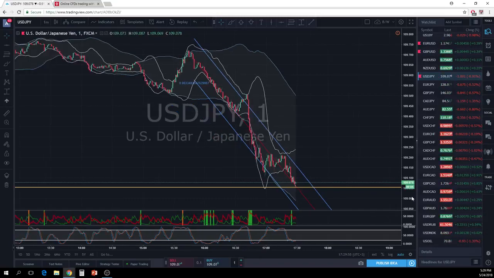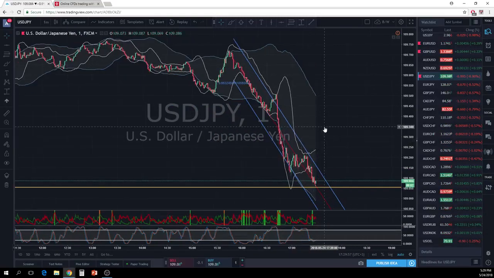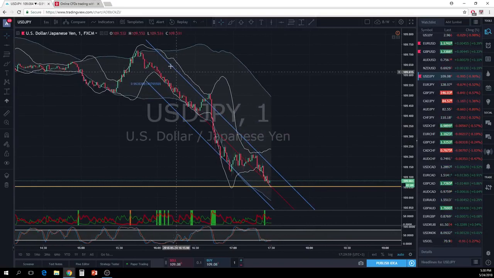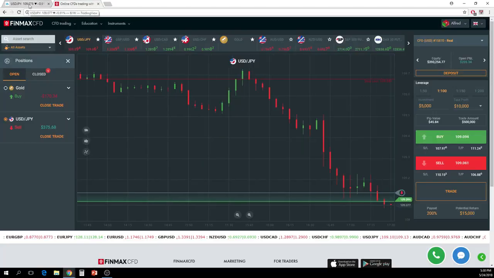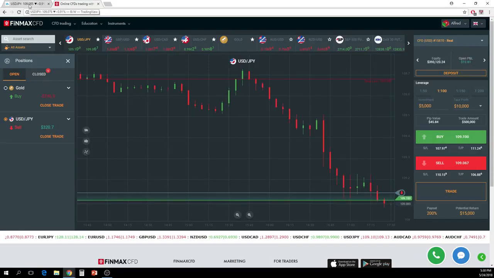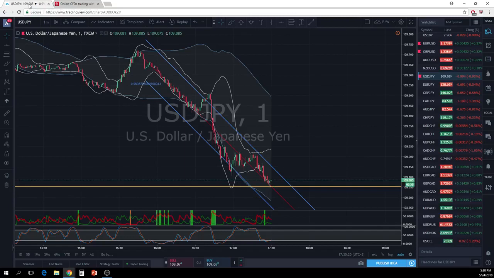And regarding gold, let's take a look quickly. I think we can leave USD JPY a bit right here. I mean, there's actually 7, 8, yeah, like 8, 9, 10 pips before it actually closes at take profit. I think we can close it.